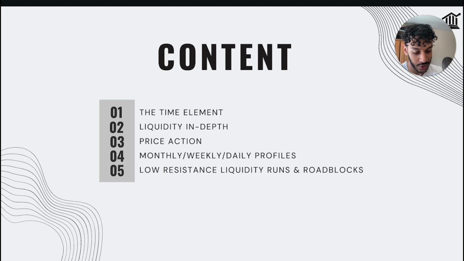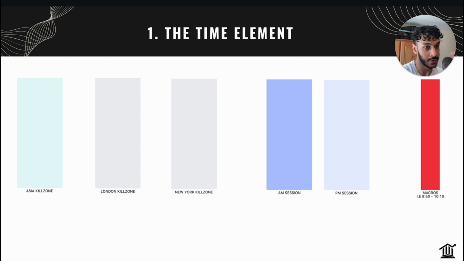But what I'm actually going to do is answer questions you may not have actually thought about before, i.e. why are we trading in these times, this sort of thing. Even with liquidity, obviously everyone knows what buy side, sell side liquidity is, but I'm actually going to go in depth with understanding order pairing, all these type of concepts and ideologies. So let's have a look at the time element first.